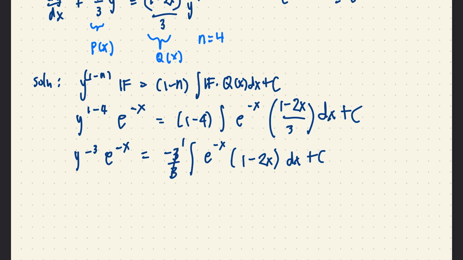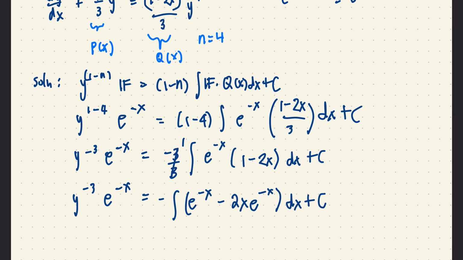Then distributing, you'll get y raised to negative 3 e raised to negative x is equal to negative the integral of e raised to negative x times quantity 1 minus 2x e raised to negative x dx plus c. And then we can integrate it per term.